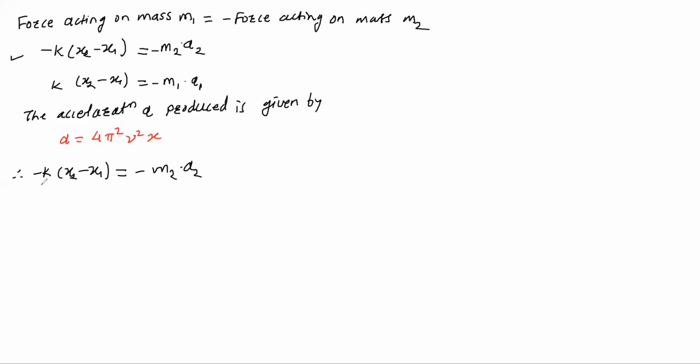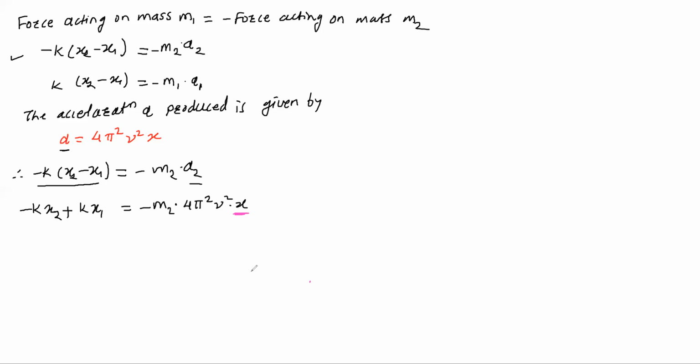So solve this bracket. You can write down minus k times x2, so minus minus plus, k times x1 is equal to minus m2 as it is, and the value of a is nothing but 4 pi square nu square times x. Let's solve this equation and find out the value of x here.